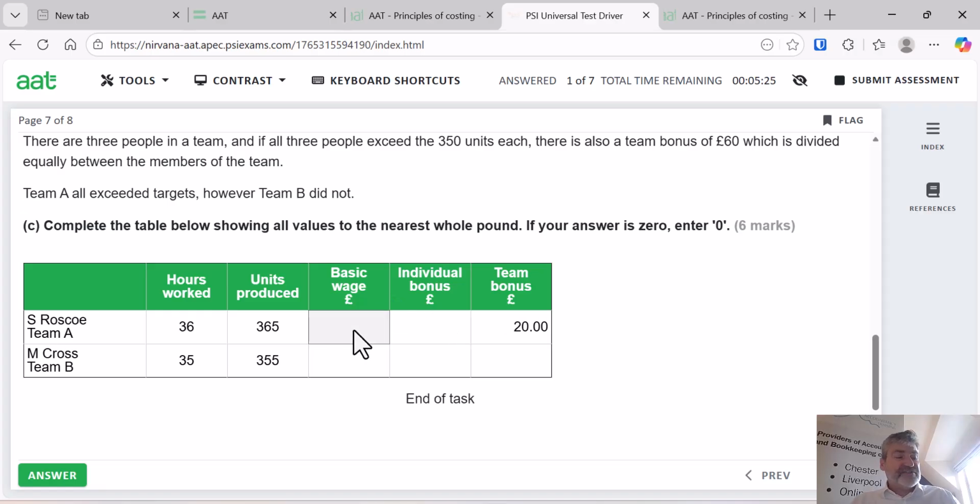Now, what about the basic wage? Well, Roscoe is paid £25 for every hour, but to a maximum of 35 hours. Roscoe did 36 hours. That extra hour of overtime is attracting 0 pay. So the basic wage is based on 35 hours at £25, which is £875.